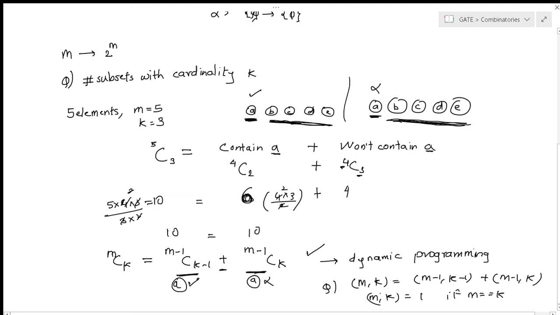These will be given as a recursion, and they will ask you the best case time complexity. Now if you don't know that this is the formula of combinations itself, you won't be able to hit the logic of dynamic programming, right?